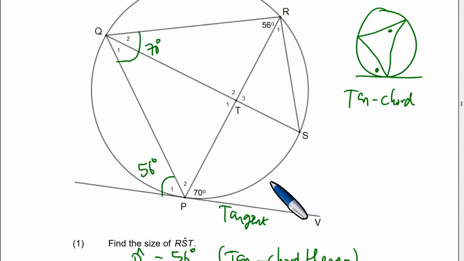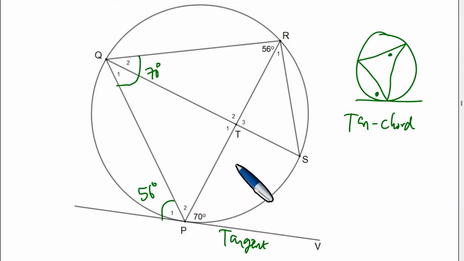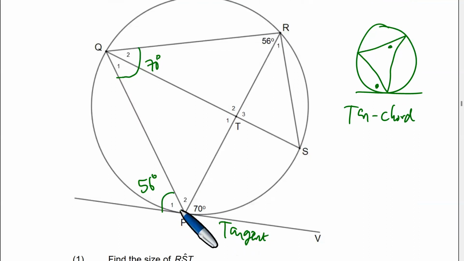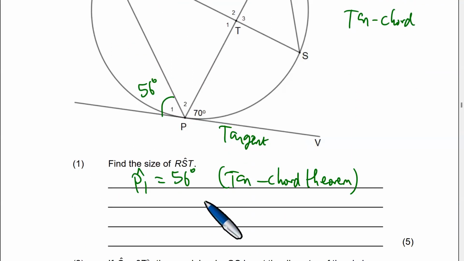Now if P1 is 56 degrees, what is angle P2? We need to realize that this is a straight line. So if the tangent is a straight line, this angle must be a given value so that we get 180 degrees. Which means that P2 is 180 minus 56 minus 70.